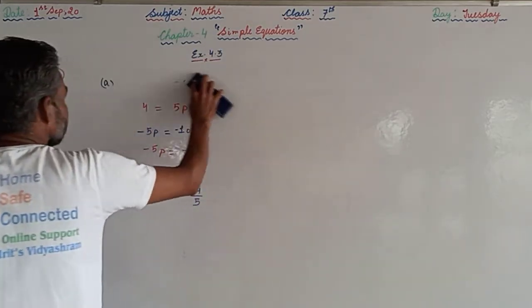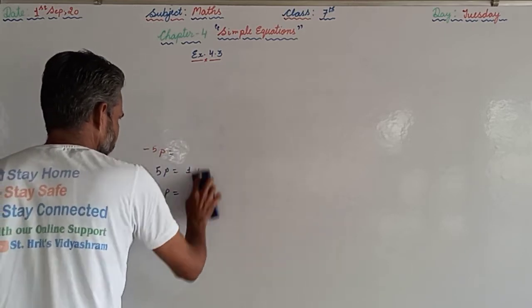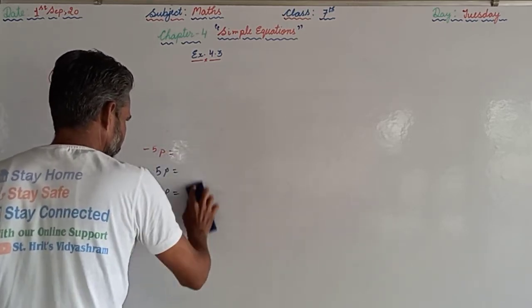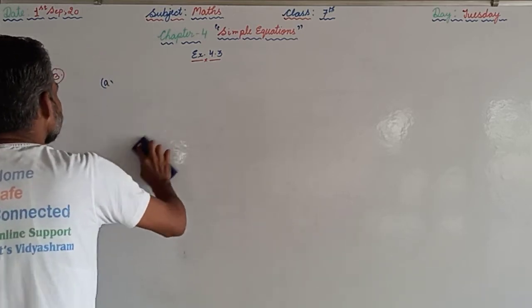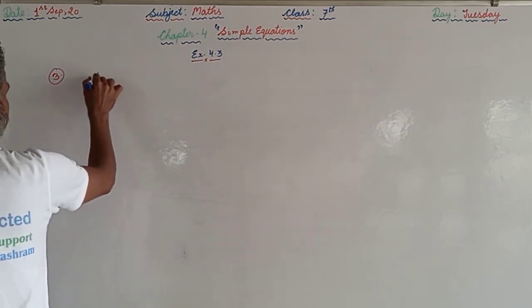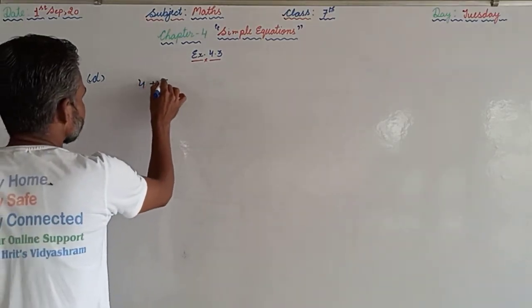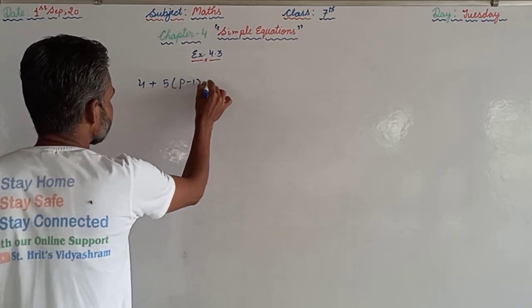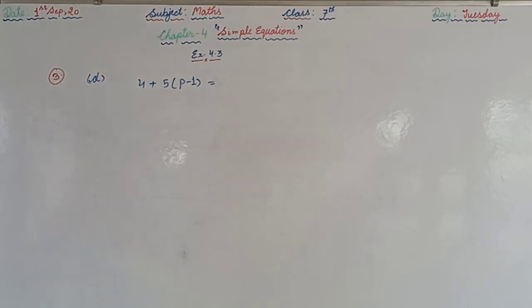Now we will take one more part. We will take part D, which is 4 plus 5 into (p minus 1) is equals to 34.